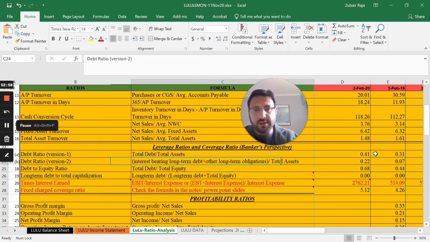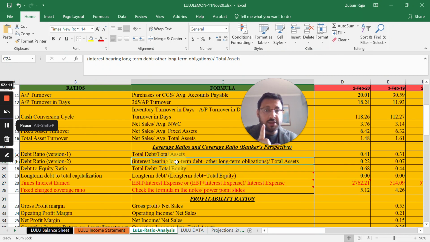And then over here, the interest-bearing loans and the other long-term debt, plus, remember, in this interest-bearing long-term debt, also the 1 year interest payment due within 1 year, whatever is the interest payment due for the long-term debt, the number will come from the current liabilities, right?